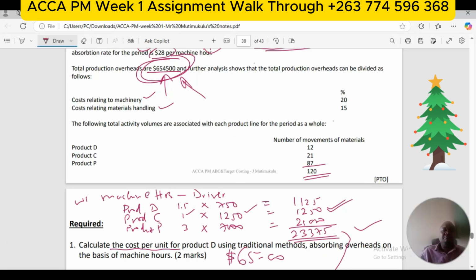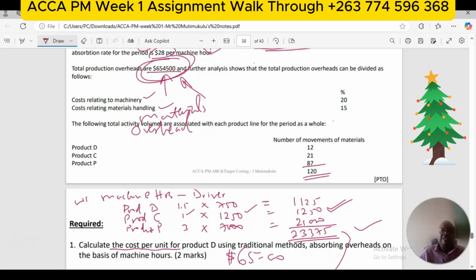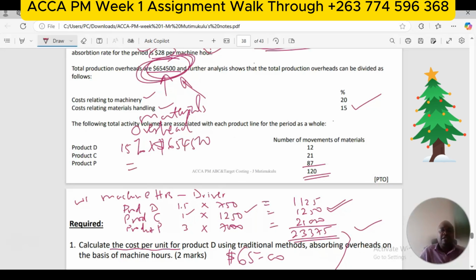So the overhead relating to materials, or materials overhead, that's the cost pool. We are told that materials constitute 15%. So that's 15% of the total overhead of 654,500. How much is that?